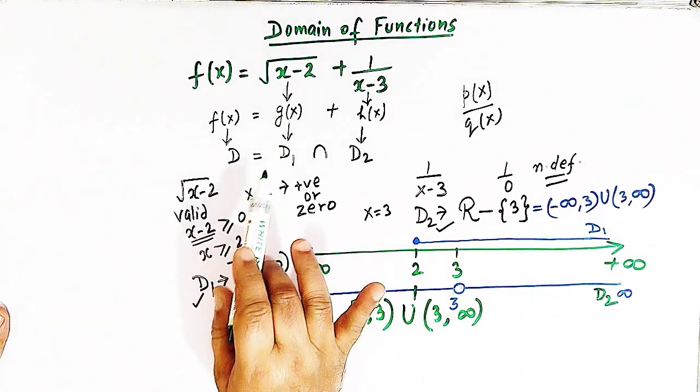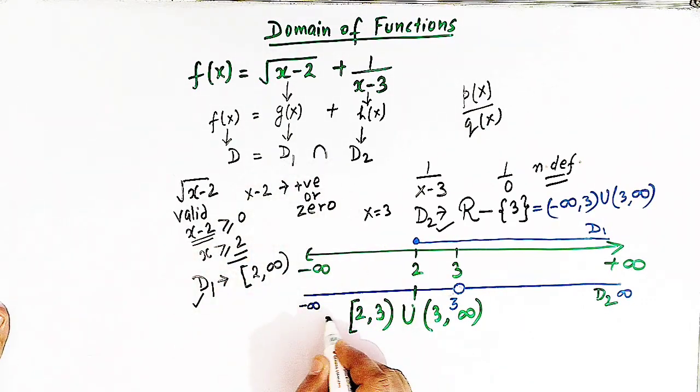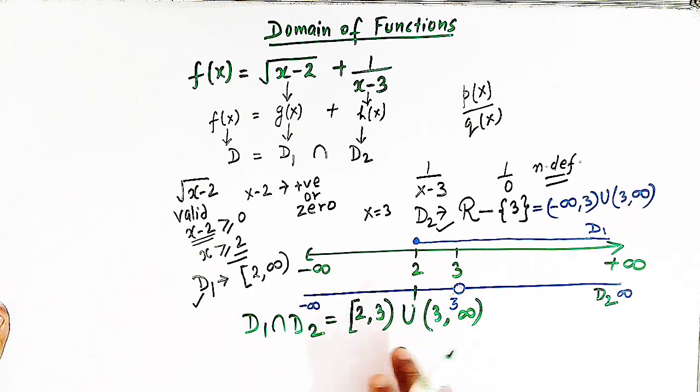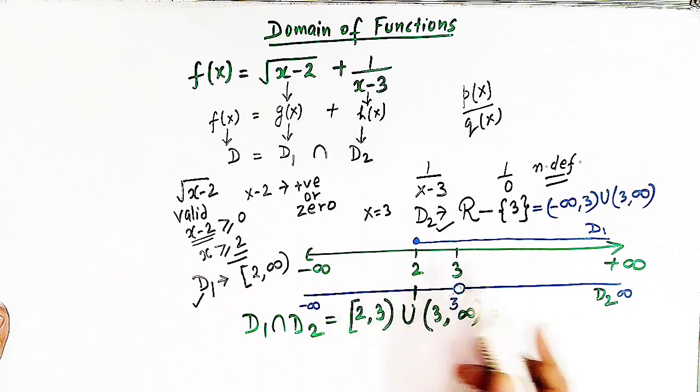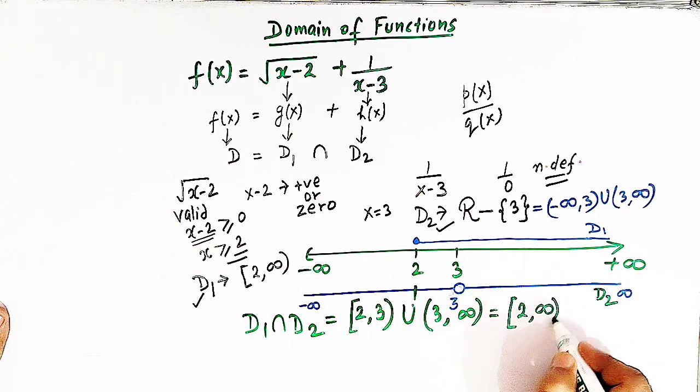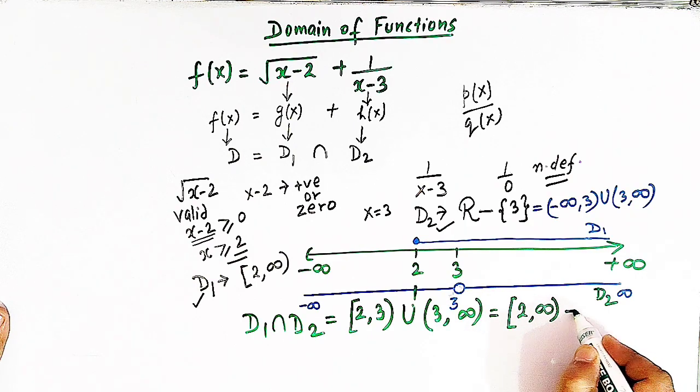So we'll go from 3 to infinity, right? So the intersection of d1 and d2 is given by the union of these two intervals, right? So we can also write this expression in a compact form, that is we can go straight away from 2 to infinity, and then we can write here a negative sign, and then we can exclude 3, right?